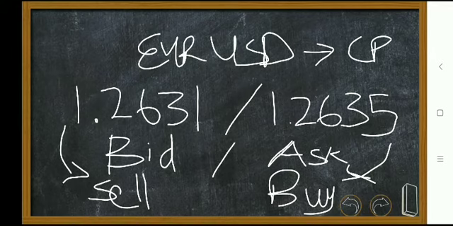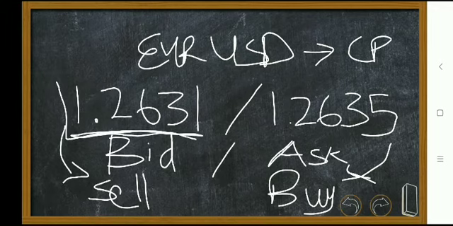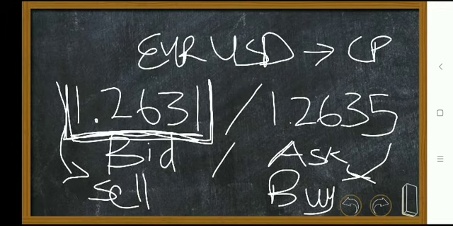It's the same currency pair, but with different prices. So meaning if you are a seller, because remember in the market there's sellers and there's buyers, if you are a seller, this is the price you will be selling at. This price right here. If you are a buyer, this is the price you'll be buying at.